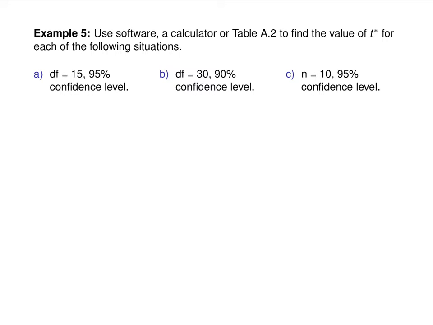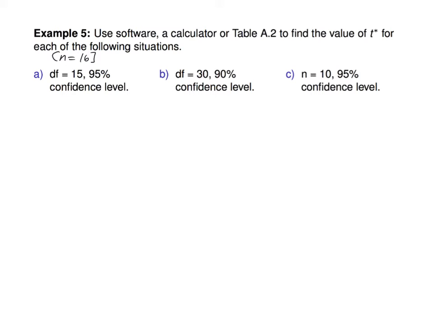Okay, so if we have 15 degrees of freedom and a 95% confidence level. I think I might have made a mistake in my notes, we'll see if this is right, but if your degrees of freedom was 15, what was your sample size? 16. Okay, so on this table, in the left column there's DF for degrees of freedom, and as you go over is the confidence level.